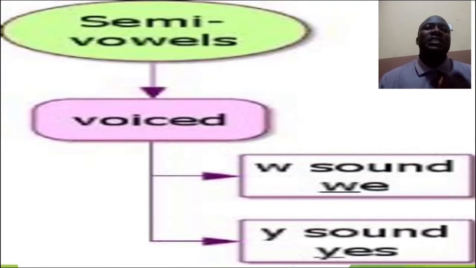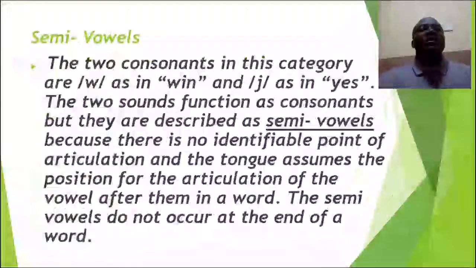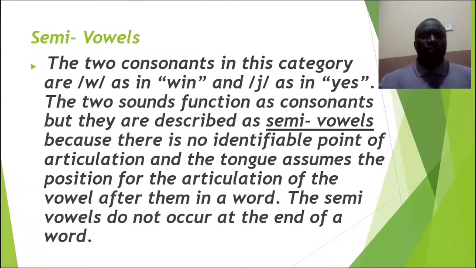Now, /w/ and /j/ sounds are called semi-vowels. They are called voiced semi-vowels. /w/ in words like we, and /j/ in words like yes. The two consonants in this category are /w/ as in win and /j/ as in yes.